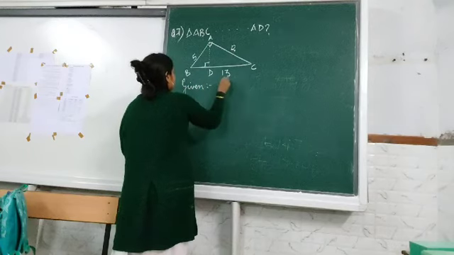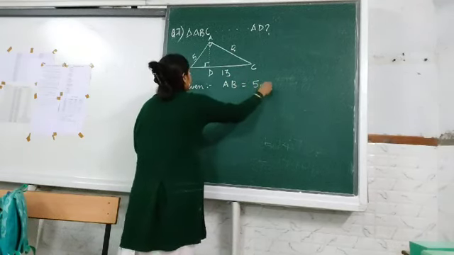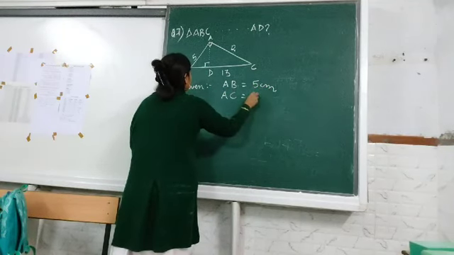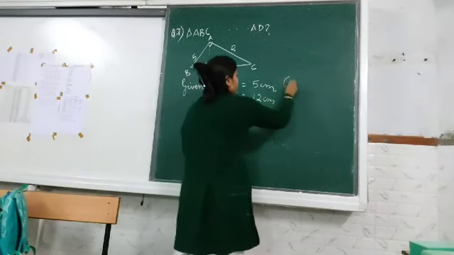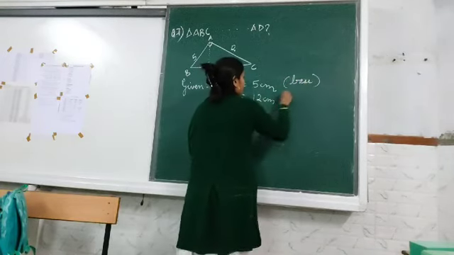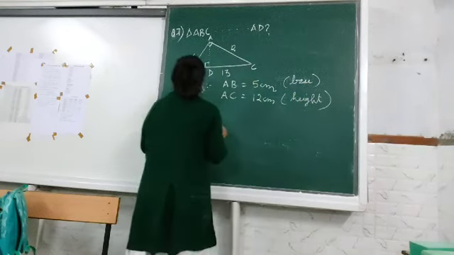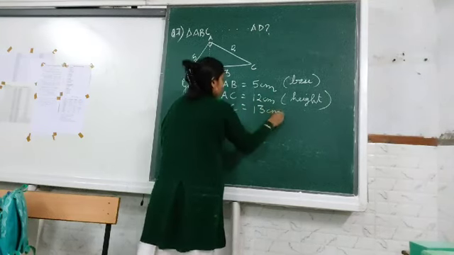Given: AB is equal to 5 centimeters, AC is equal to 12 centimeters. If you want, you can write here base and height. And also BC is equal to 13 centimeters.